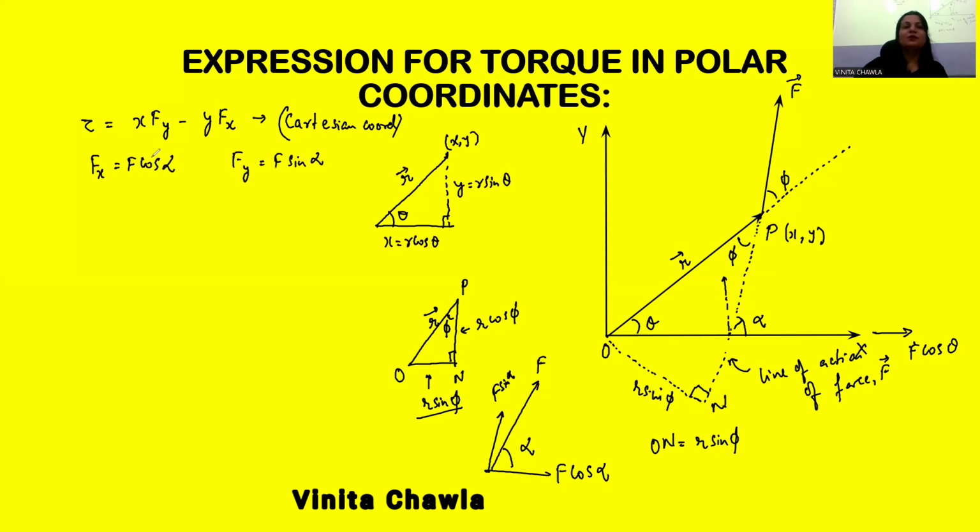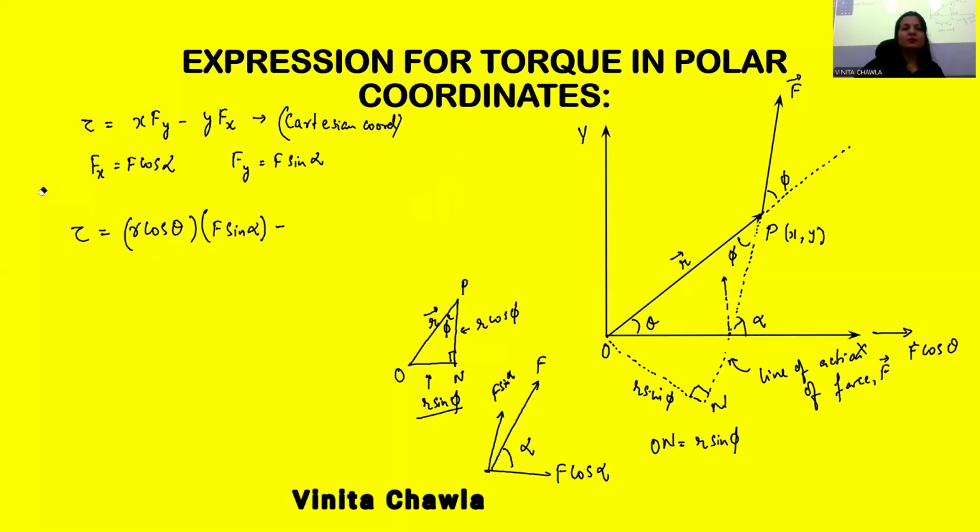Now substitute these values in this expression, because torque is xFy minus yFx. So in place of x, we can write R cos theta. For Fy, we can write F sin alpha, minus, again, for y we can write R sin theta, and for Fx, we can write F cos alpha.